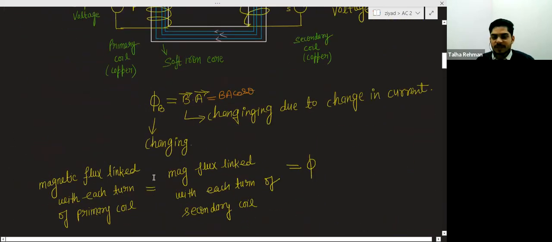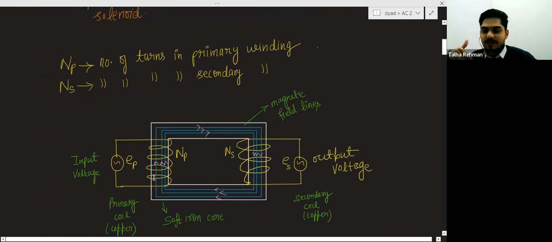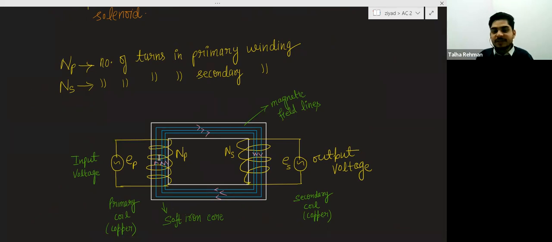Flux is basically the number of magnetic field lines crossing the coil. In the case of a solenoid, the magnetic field is not perfectly axial. It will be like this.